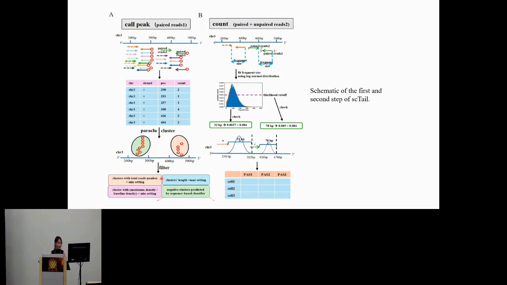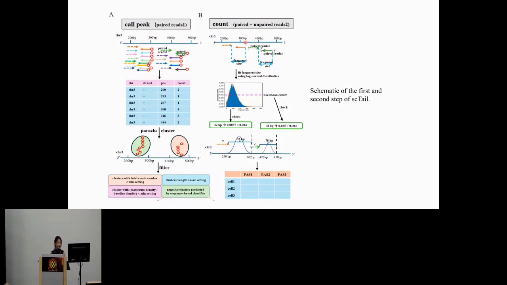After that, we do filtering to remove some false positive clusters by setting several thresholds, such as the total number, the cluster length, and the cluster density. Importantly, we also embedded a sequence-based classifier, which can remove false positive clusters.